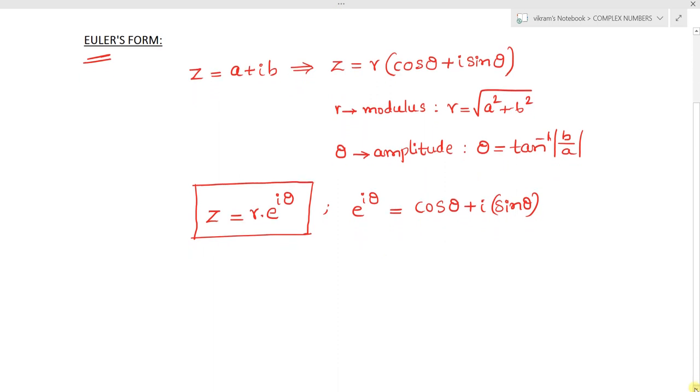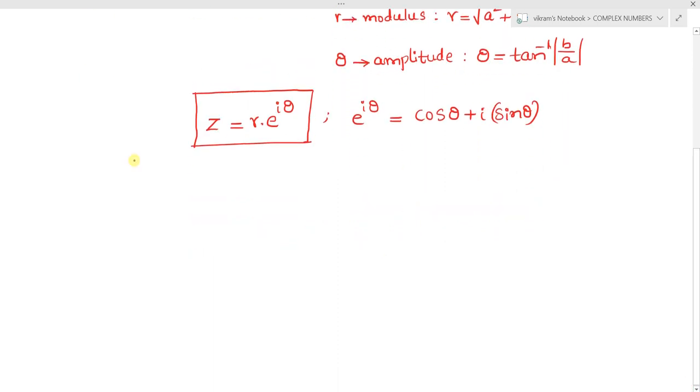We know the expansion of e power x can be written as summation n equals 0 to infinity x power n by n factorial, which is an infinite series.